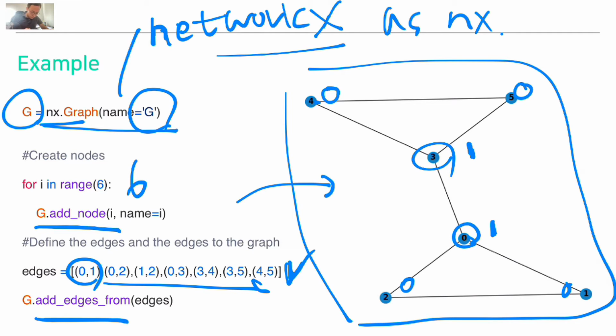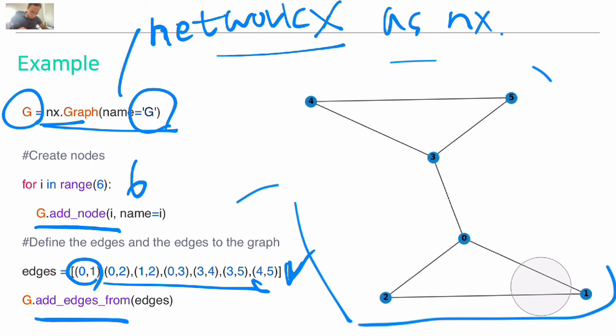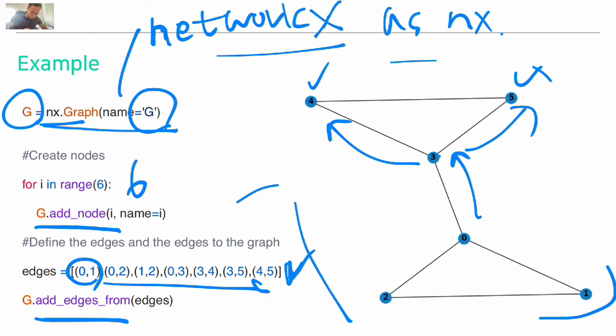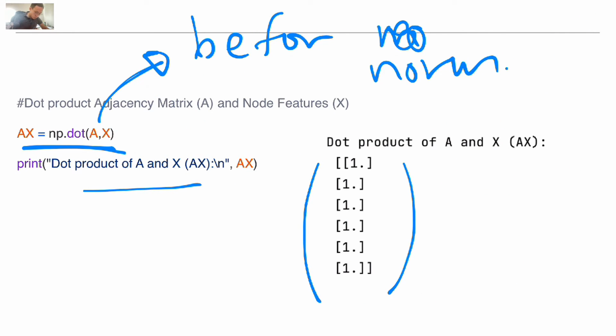For this one, the feature is from here. For this, the feature is from here. For this, from here, and so on. They all have the same value. This makes it not possible to disambiguate between the nodes, particularly between the connecting nodes and the others, right?